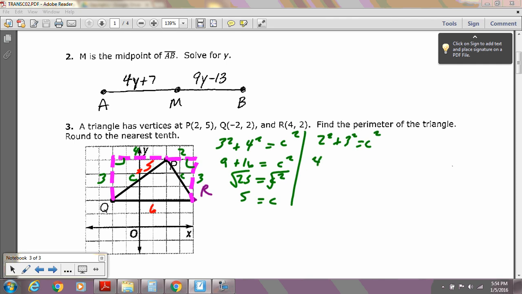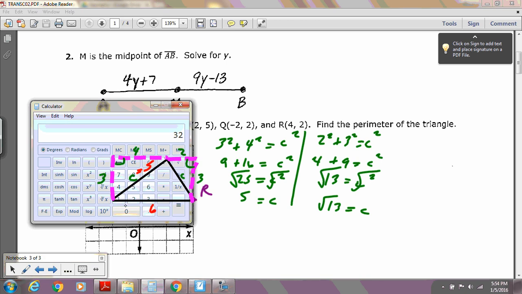So that's 4 plus 9 equals C squared. 4 plus 9 is 13. And you take the square root of both sides. So the square root of 13 is equal to C, or approximately 3.61.